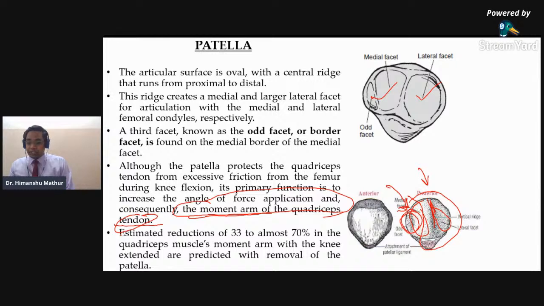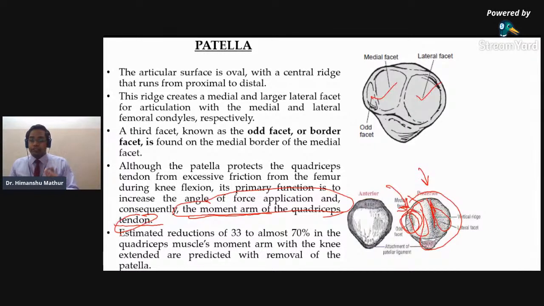There is a very evident fact that the patella cannot function properly after that, and because of this you have a significant reduction in the terminal extension range of motion of the knee joint, which is known as the extension lag.